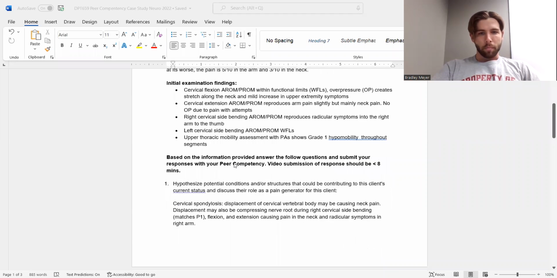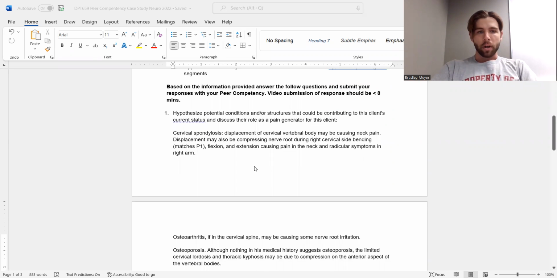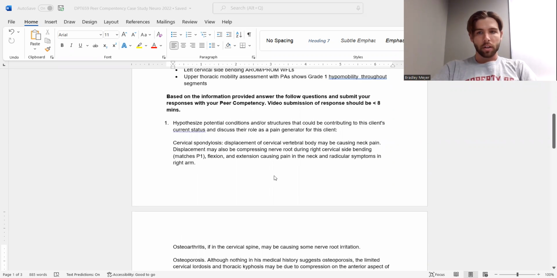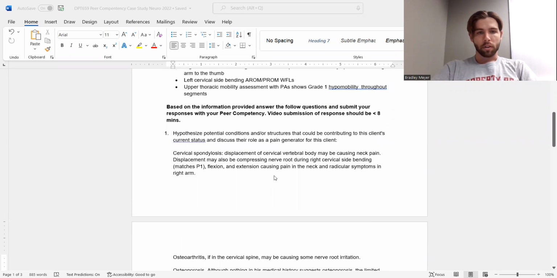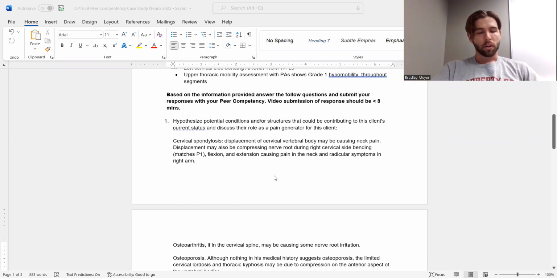So my hypotheses regarding the potential conditions: my primary hypothesis is that this patient has cervical spondylosis, and the displacement of the cervical vertebral body might be causing some neck pain, and then possibly compressing a nerve root leading to the radicular symptoms.